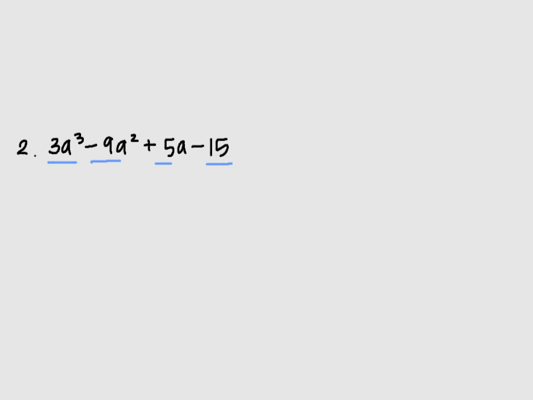So it looks like if I group the first 2 terms together, and then group the second 2 terms together, let's see if we find any common factors. So in 3a cubed minus 9a squared, it looks like both of those terms have an a in common.